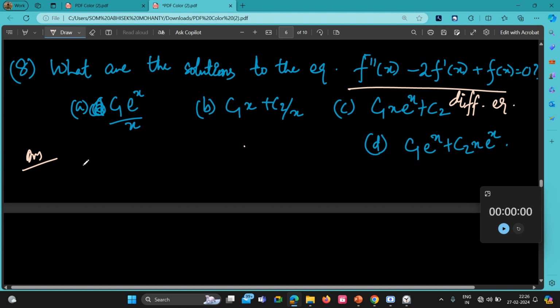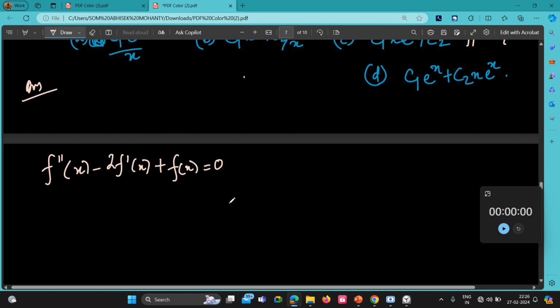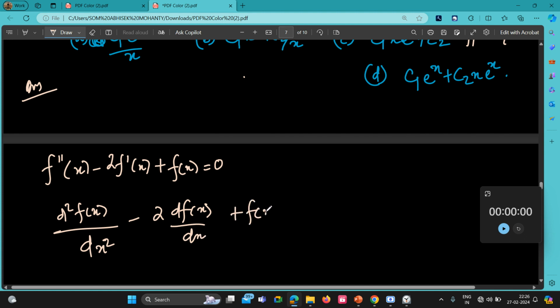f''(x) minus 2 f'(x) plus f(x) is equal to 0. So I can write it like this: d square f(x) by dx square minus 2 df(x) by dx plus f(x) is equal to 0, isn't it?